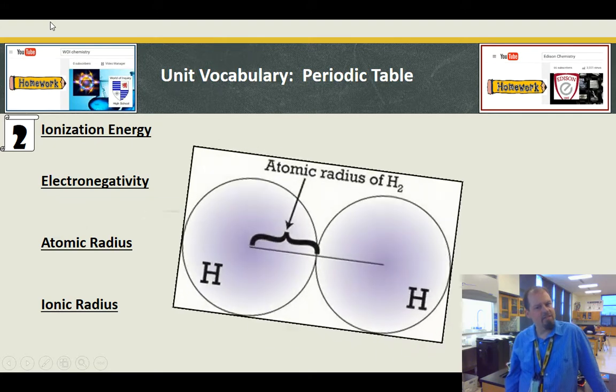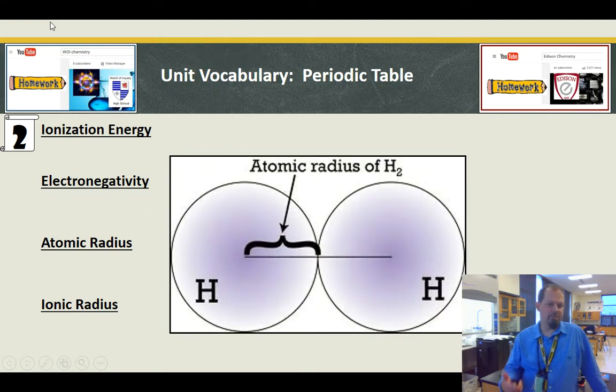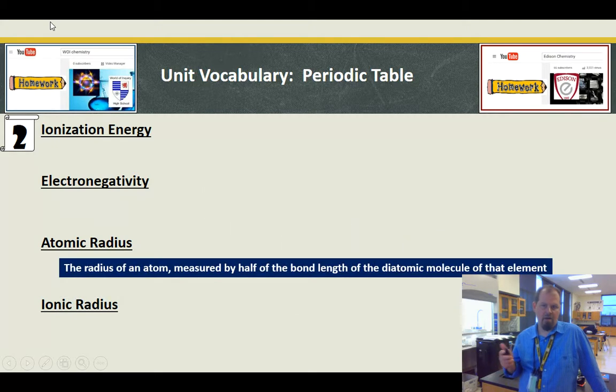Atomic radius is simple. This picture shows us how we actually define it. It's the radius of an atom. They define it by half of the bond length between a diatomic element. But that's actually never going to be in our curriculum ever again.